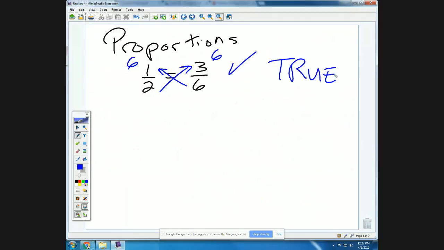We can use proportions for all kinds of things, like if there's a 30% off sale, that means I'm getting 30 out of 100 off. If I go into a store and there's an $85 item that I want to buy, this proportion will help calculate the amount off I get.